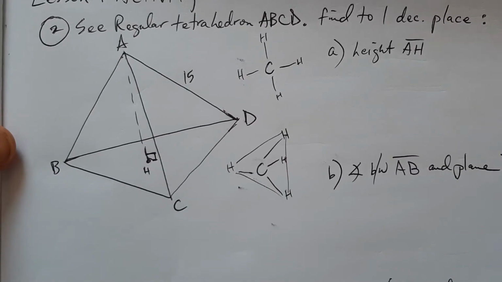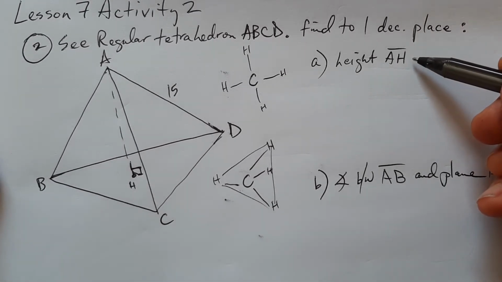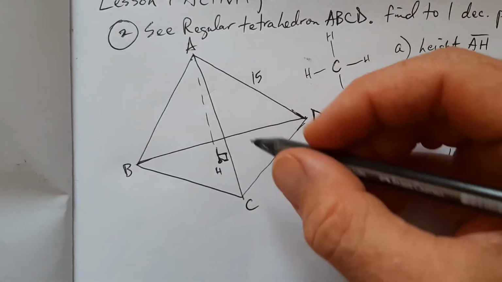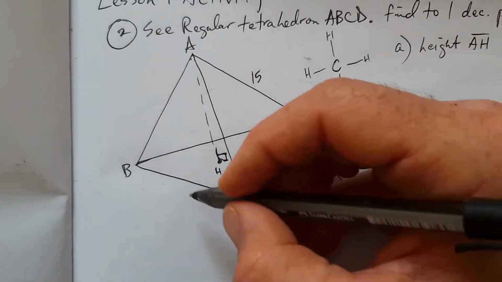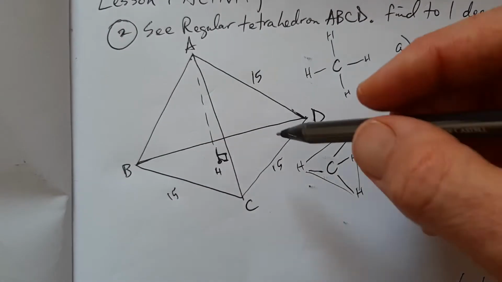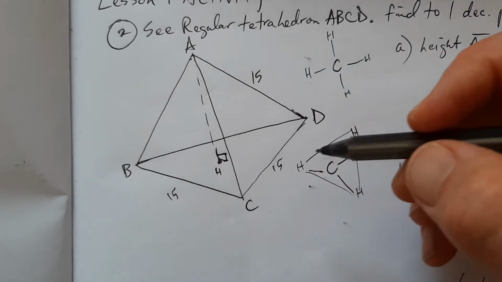Okay. So the first thing they're asking us to do is find the height of this tetrahedron. So every edge is 15, right? The edges of the tetrahedron are 15. So let's see.